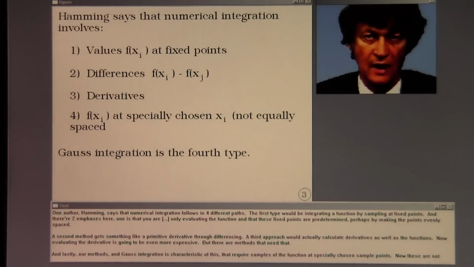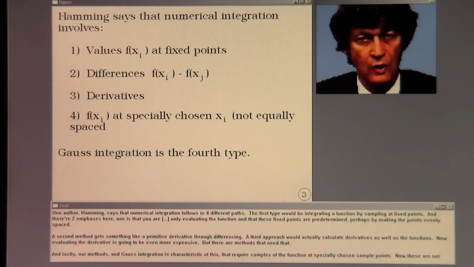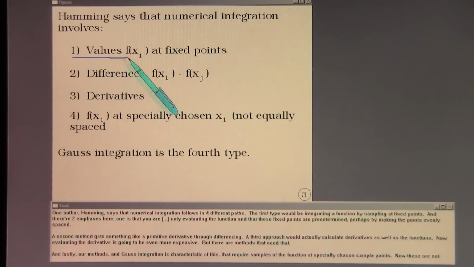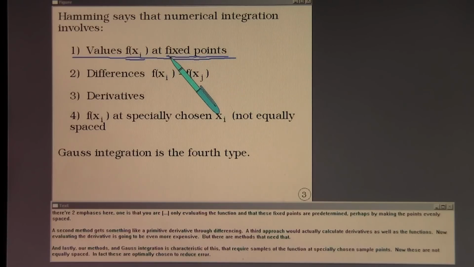One author, Hamming, says that numerical integration follows four different paths. The first type would be integrating a function by sampling at fixed points. And there are two emphases here. One is that you are only evaluating the function, and that these fixed points are predetermined perhaps by making the points evenly spaced.